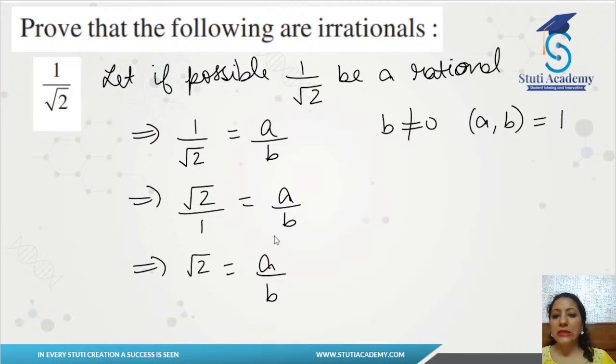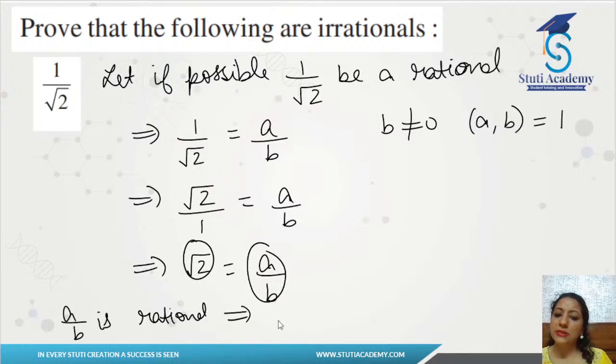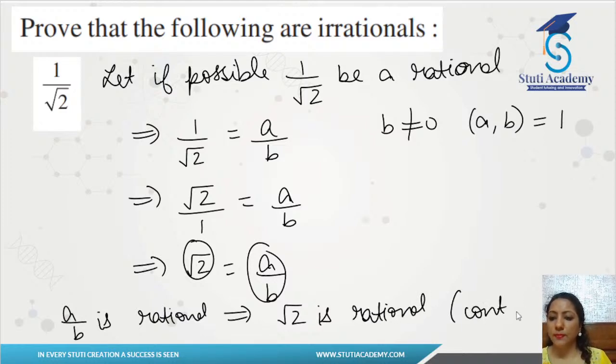So, we can say that a upon b is a rational number. Now, if this is equal to root 2, then we can say that root 2 is also rational. So, that's a contradiction. It's a contradiction because we've just proved that root 2 is an irrational number.